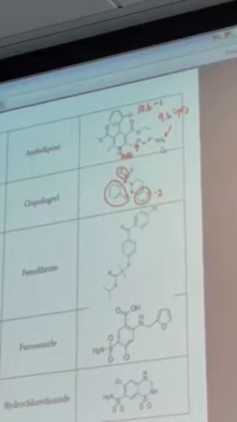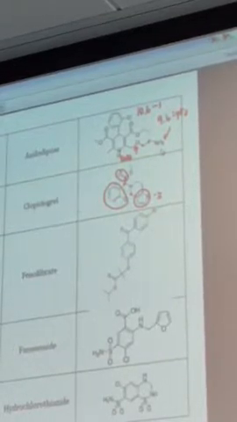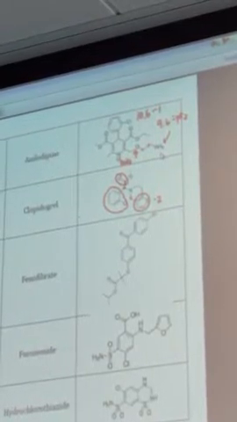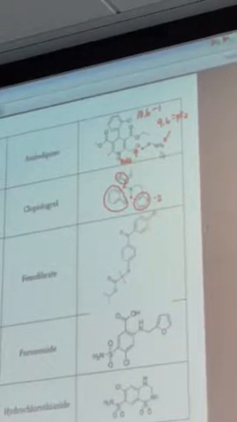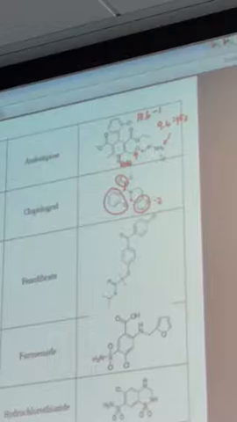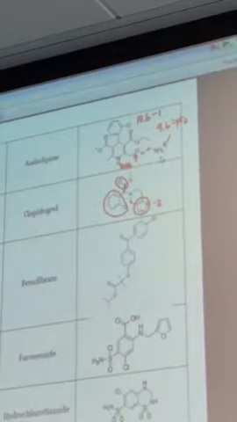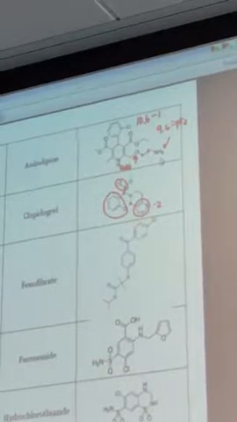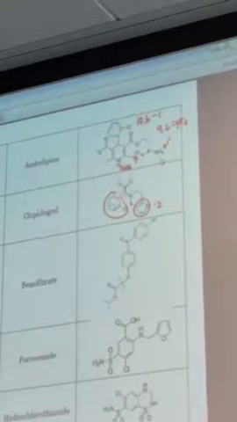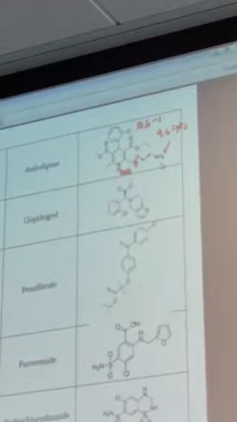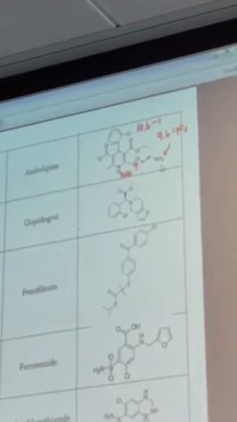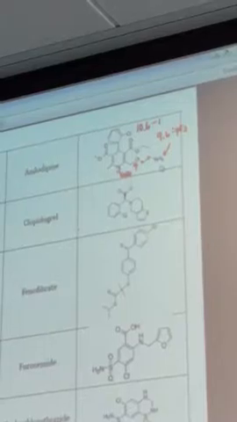How do we know if there's an electron withdrawing group? So I listed in one of the lecture slides what are electron withdrawing groups. So in general, for electron withdrawing groups, you're looking at anything that is an electron withdrawing atom. So oxygens, nitrogens, sulfurs, so O, N, S. And you're also looking for things that have a lot of double bonds.